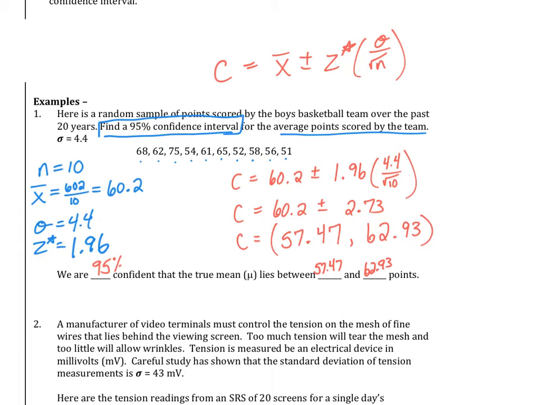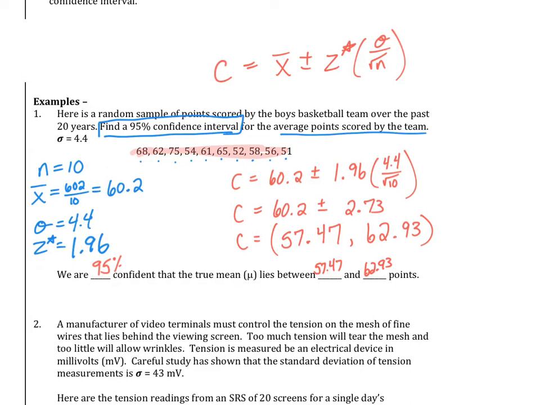So again, if we only take 10 games, right, 10 scores from the games, and we found the average, we cannot find the exact average of the last 20 years. But we can use confidence intervals to find out that we are 95% sure or 95% confident that the average of the games from the last 20 years would be between 57.47 and 62.93.